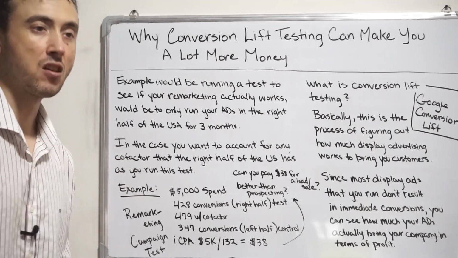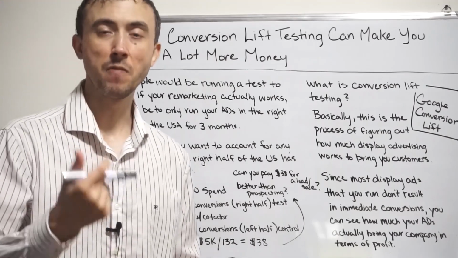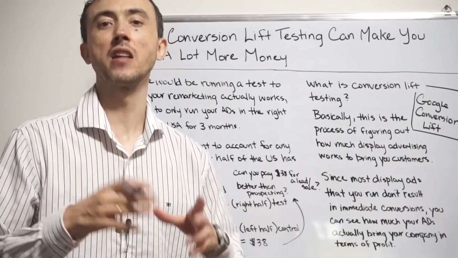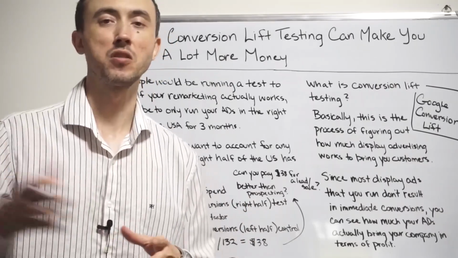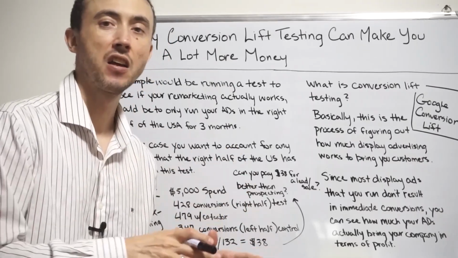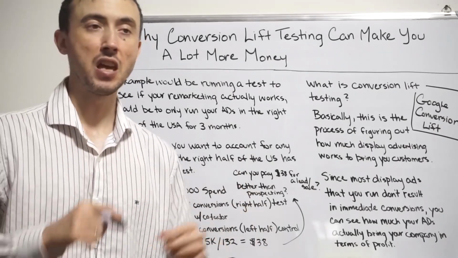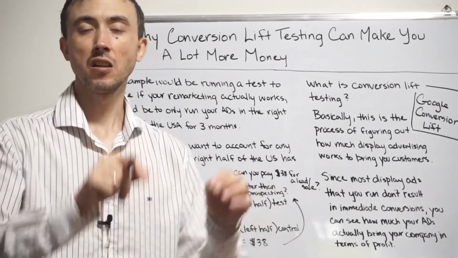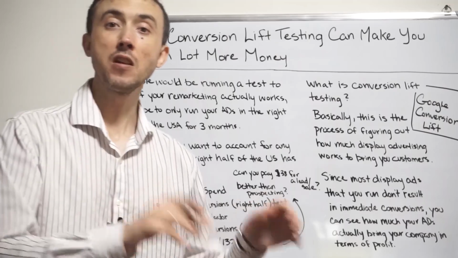People get, again, caught up in the fact that, yes, through Google Analytics, Google Ads, Facebook, and these other platforms, you can actually track with the remarketing ad specifically if somebody sees the remarketing ad, clicks on it, and buys, or if they don't.